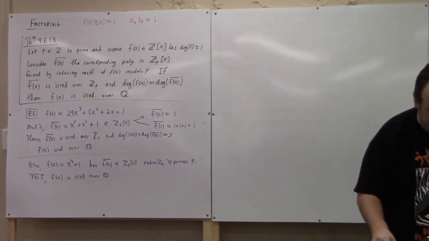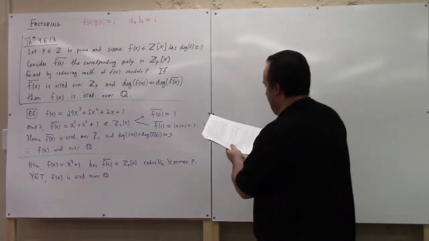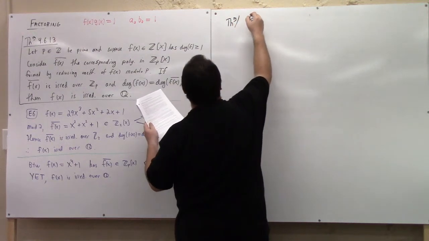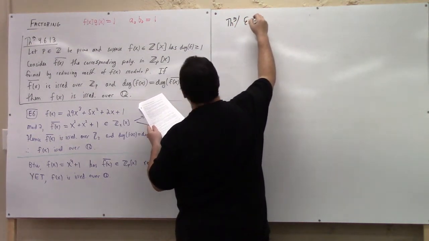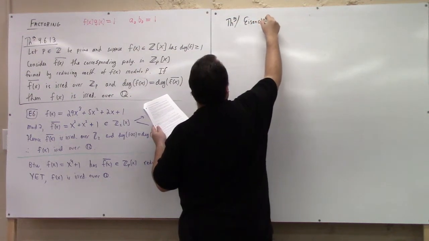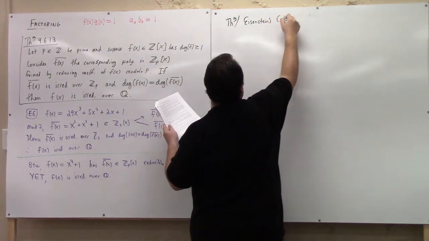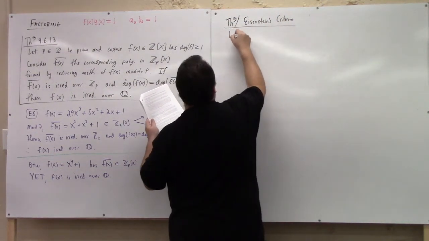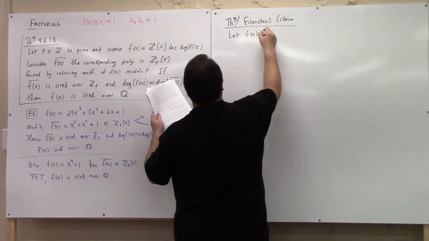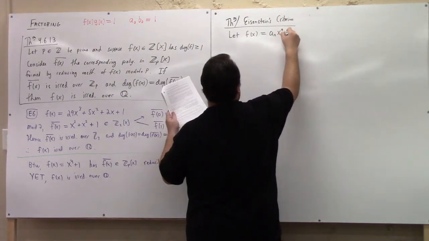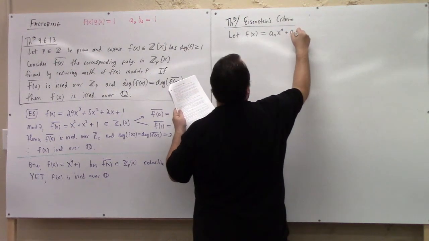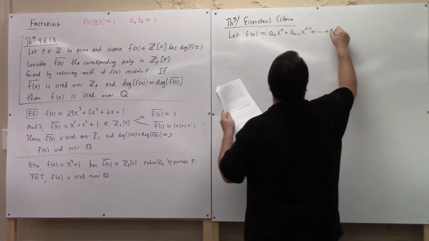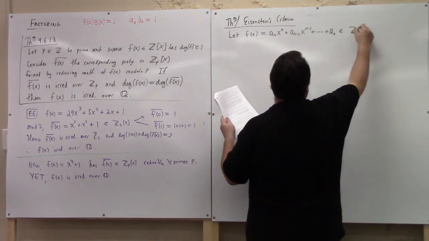All right. Okay, so next. And this is another thing I won't prove, but we'll use, theorem. This is called Eisenstein's Criterion. Let f of x equal a sub n x to the n, plus a sub n minus 1 x to the n minus 1, plus and so on plus a0, be a polynomial with integer coefficients.